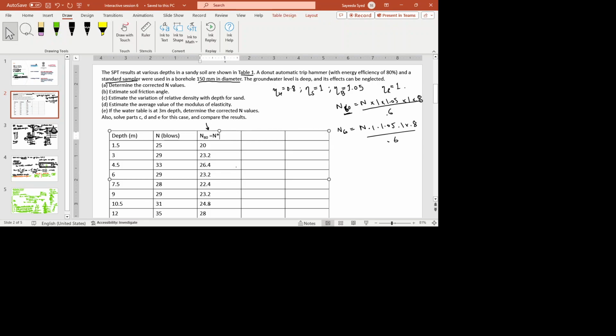Let us keep N60 here; that will be a better way of tabulating this. Let us calculate for each column: 25 into 1.05 into 0.8 by 0.6. Calculate for all.